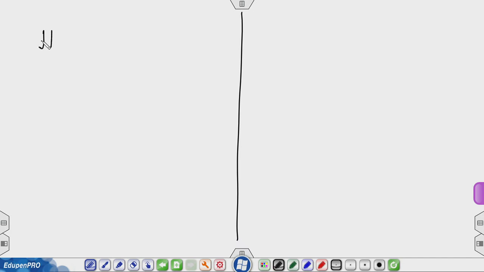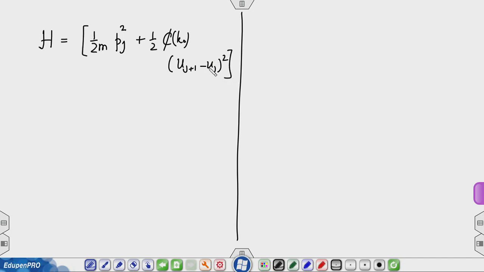The Hamiltonian for the lattice within the model of that nearest neighbor interaction and harmonic approximation was given as 1/2 p jth site square plus 1/2 c, which was the spring constant, I think also called it k 0, either one of them, times u j plus 1 minus u j square, and this whole thing is summed over j. This was the model we had taken.